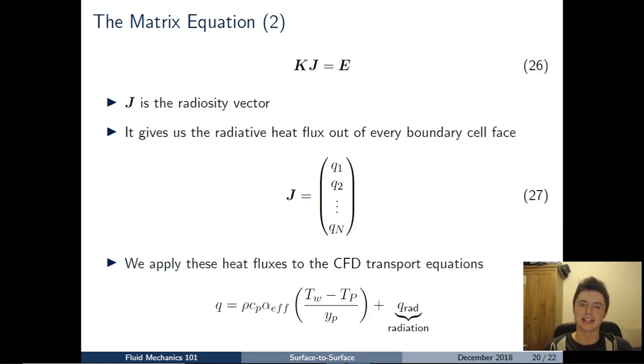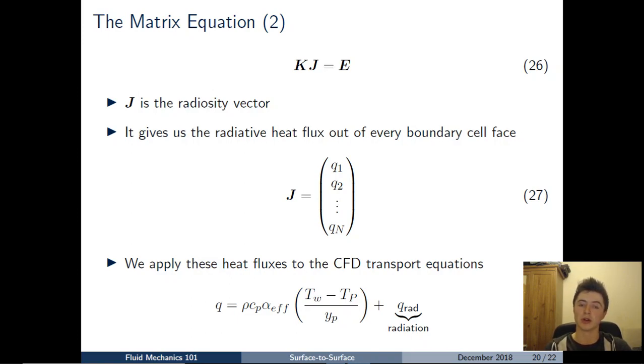So what you can probably see from these equations is that the radiation equation is solved alongside the conduction and convection energy conservation equation that we normally solve in CFD. They're coupled, and they're solved during each iteration of our overall CFD solver.